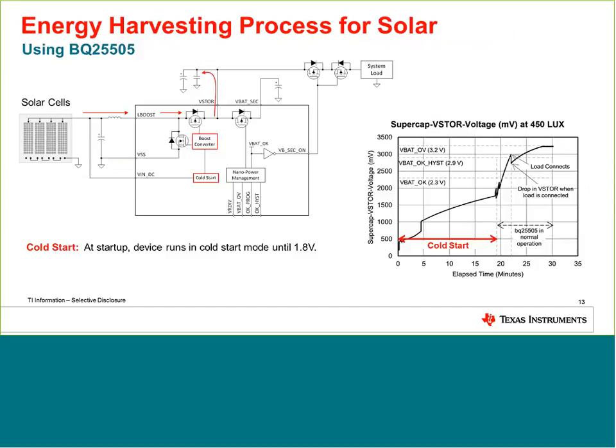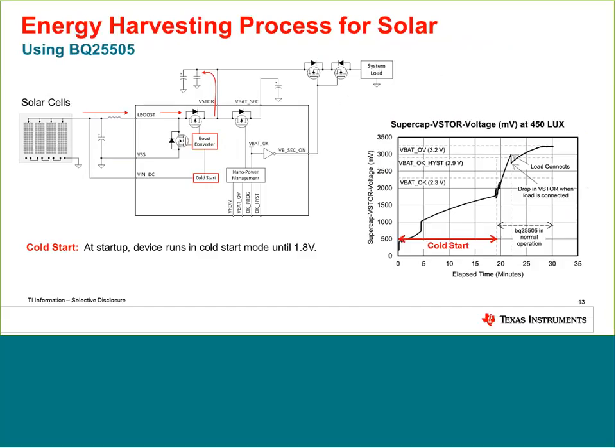So let's talk about the energy harvesting process and the BQ25505 from Texas Instruments. We can see here that on the left side there is a solar cell, then there is a boost converter, a capacitor block, and then we have a secondary charge capacitor. The first thing that will happen is a cold start.